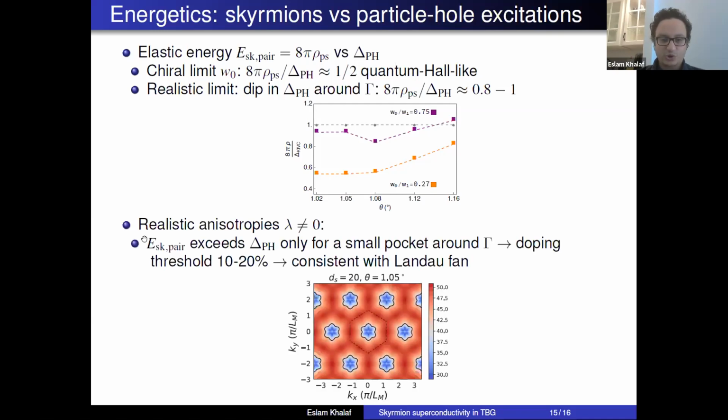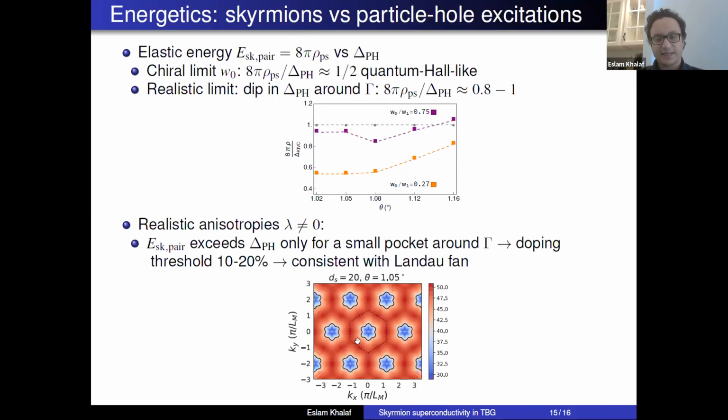On the other hand, once you also take into account the realistic anisotropies, so not just this elastic energy of the skyrmions, we find that the skyrmion energy exceeds the particle-hole gap. However, we notice that this particle-hole gap is only small for a relatively small pocket close to the gamma point. So it's around 30 MeV, but it very quickly increases to around 50 MeV for the rest of the Brillouin zone. And the skyrmion energy we find from the realistic parameters is in the range of 35 MeV.